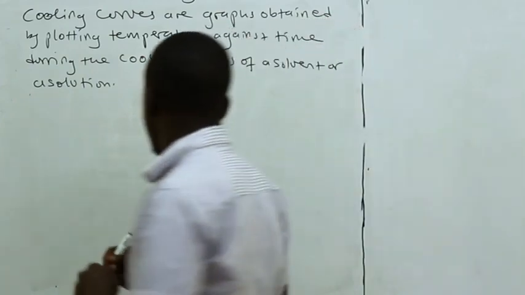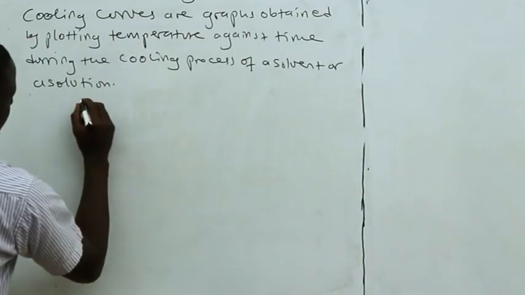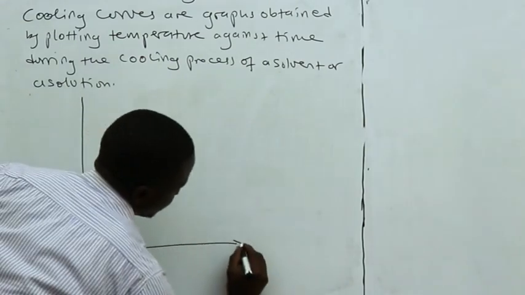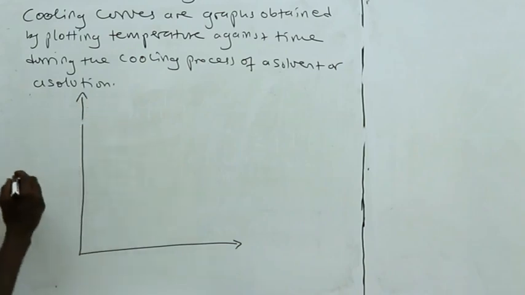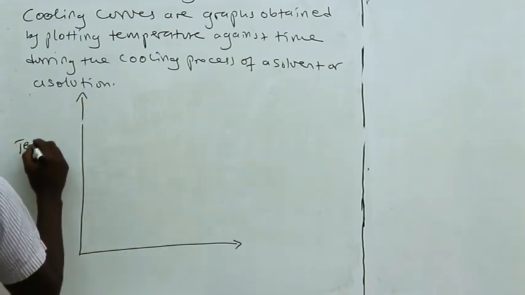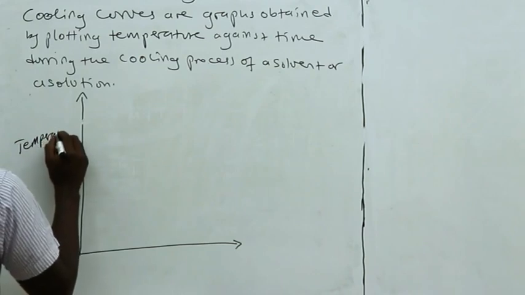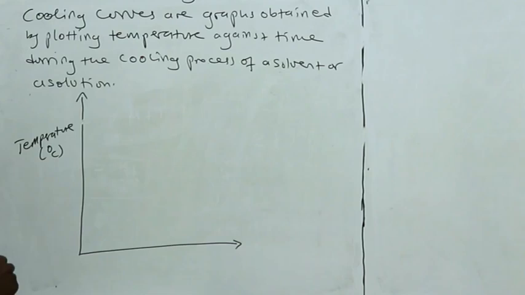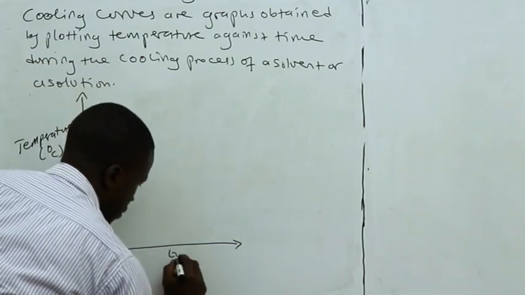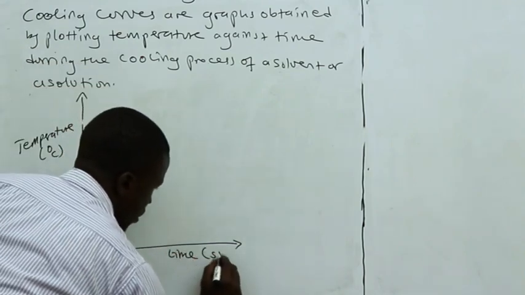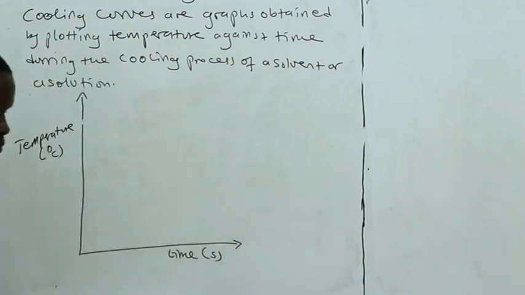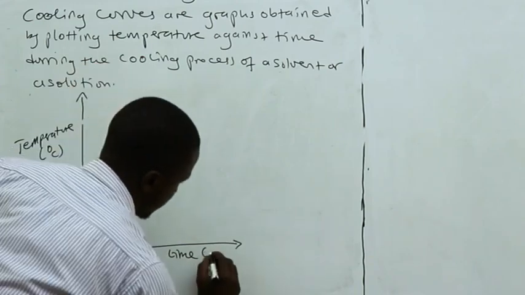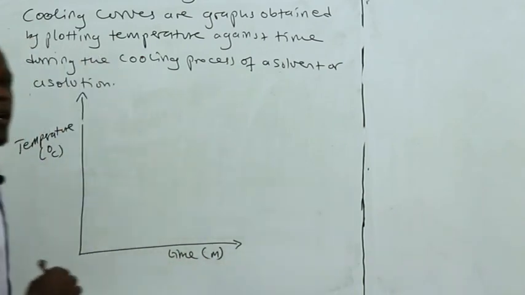Okay, so that means you will go ahead and plot a graph of temperature in degrees Celsius against time, which can be in seconds or minutes. Minutes are more realistic, okay, in minutes, like that.